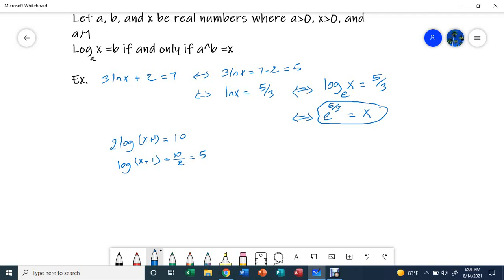And now this is log base 10. So log base 10 of x plus 1 equals 5. Now I'm gonna raise 10 to the 5th power.